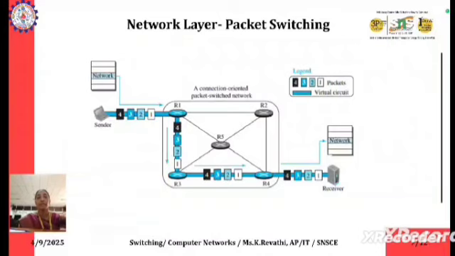Before transferring the packets, a connection has to be established between the sender, router 1, router 3, router 4 and the receiver, and the packets will be sent through the same path, that means the same circuit. Also router 4 will receive the packets in the same order in which they were sent by the sender.